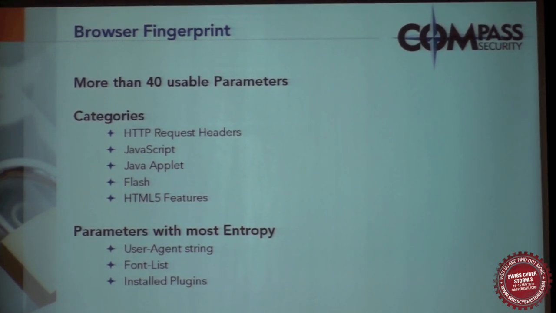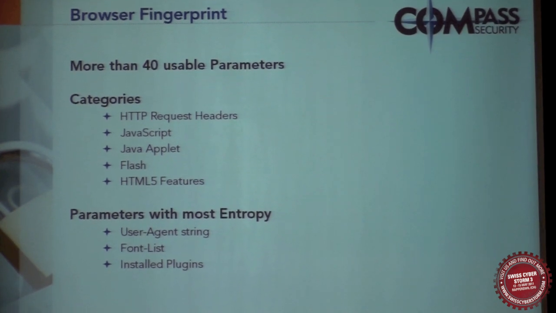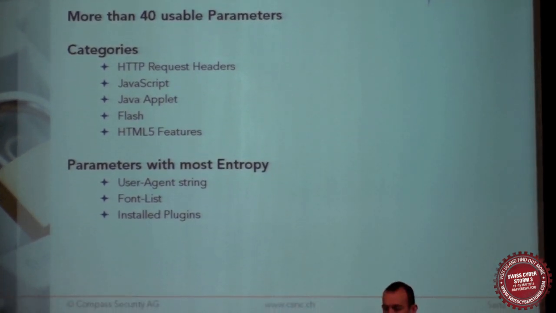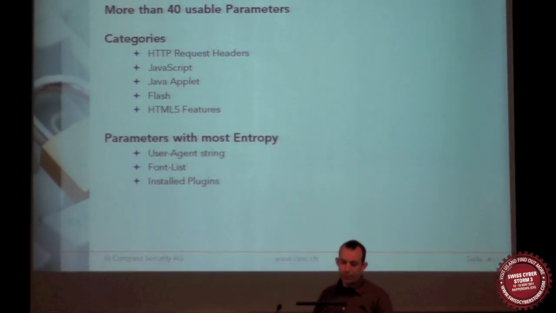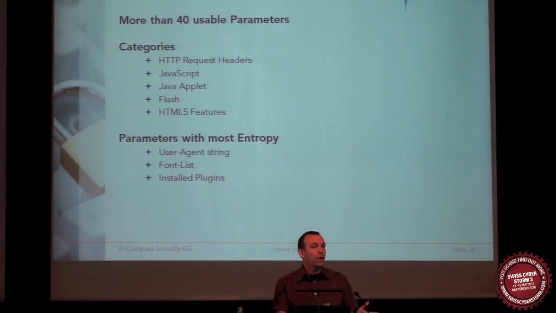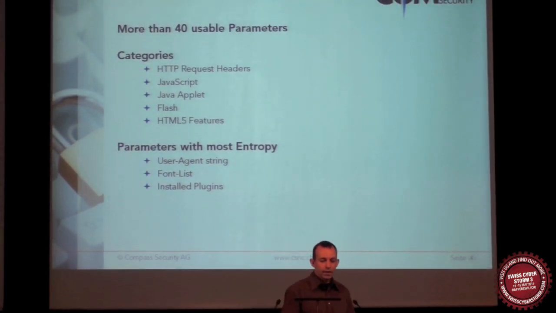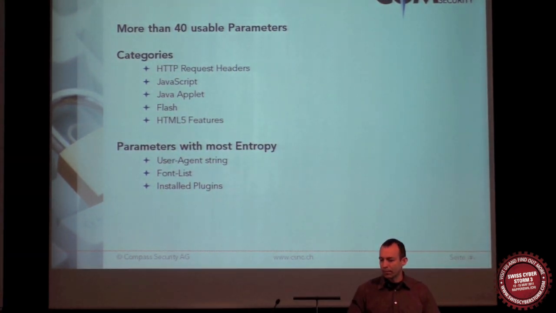In the last few months, HTML5 features can also be used if you have the newer browsers, Firefox, Internet Explorer. They all now support some HTML5 tags, and these are also very useful for browser fingerprinting.